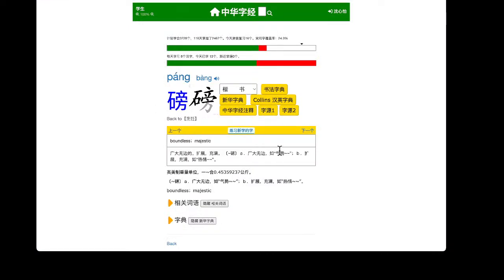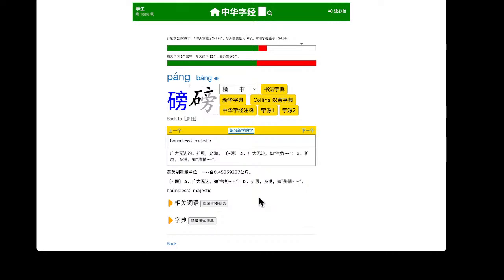Another reading is 磅. Okay. Now 磅 means like a huge expanse of space. Okay, it means like just huge and big, grand. Okay, for things like 磅礴. Okay, so the word you need to remember is 磅礴. Okay, 磅礴 means like just boundless and majestic. Okay, and also you can refer to somebody as super enthusiastic. You can say 热情磅礴.